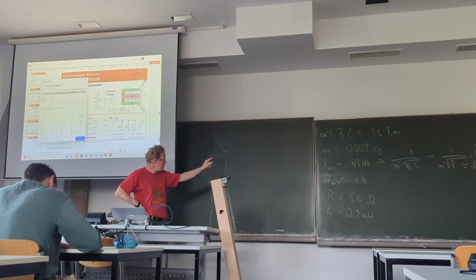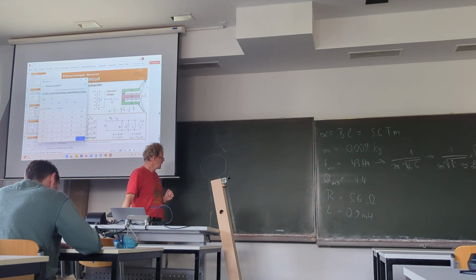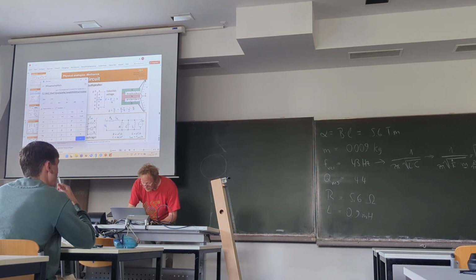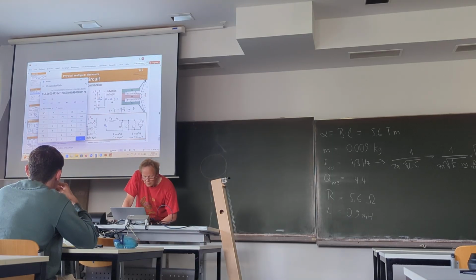We do have m, so we multiply with the mass, and that's 0.009 kilograms. And the result is something like 660 around.